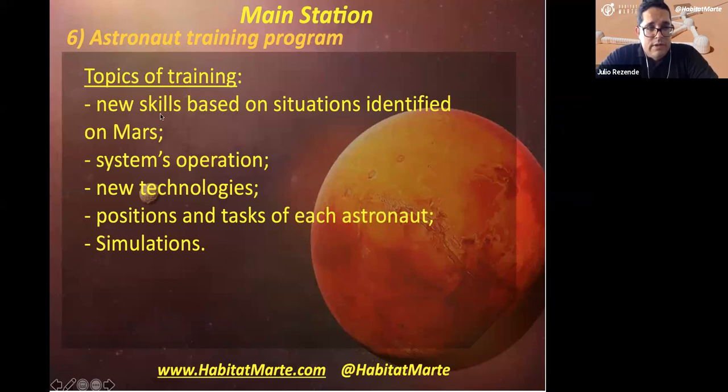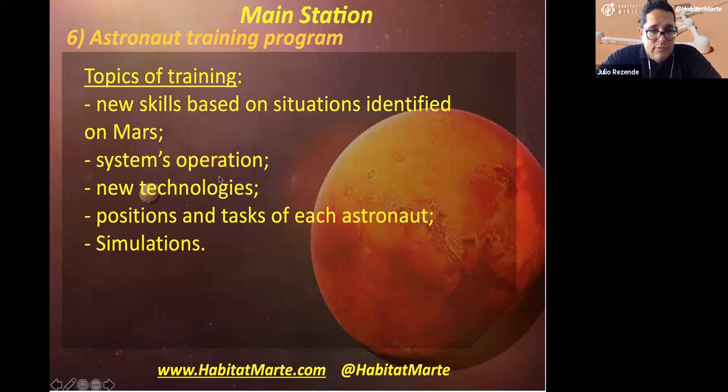Some topics are new skills based on situations identified on Mars, because we are supposing a lot of facts to be operating on Mars, but when they arrive on Mars, a lot of things will be happening there, new situations, new problems, and they need to have the capacity of learning very fast, also adaptation and creativity, also resilience based on these future situations that will be identified on Mars.